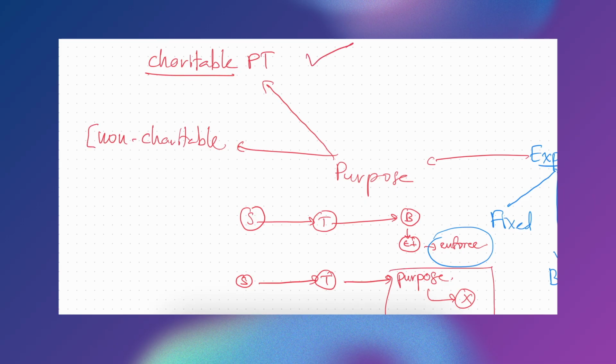That means, by default, non-charitable purpose trusts are usually invalid in the eyes of the law. But again, there is a small subset of non-charitable purpose trusts that are tolerated by the courts. Again, we will discuss this when we talk about purpose trusts as a lesson.